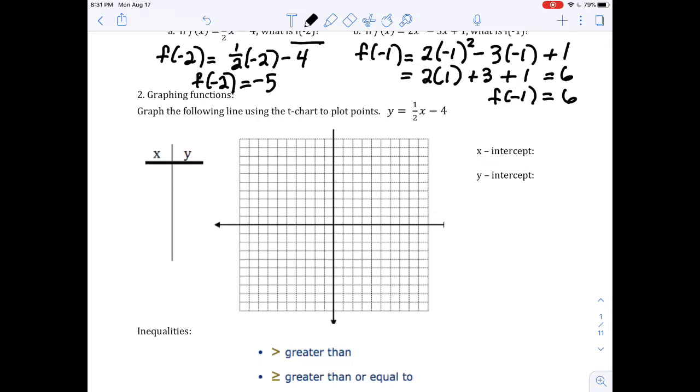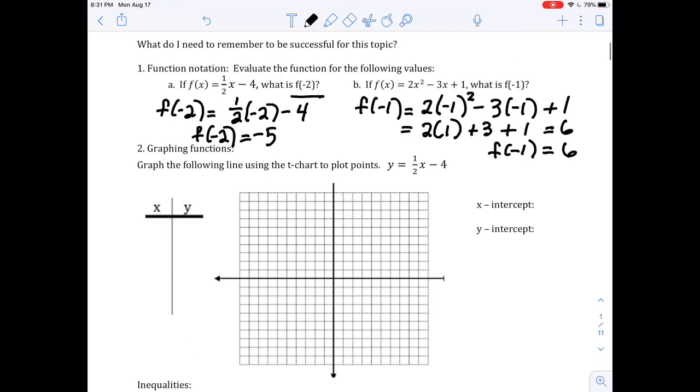Those inputs and outputs translate into points that are on the function or the equation. In number 2, we have it written as y equals 1/2 x minus 4. And up in 1a, it was f of x equals 1/2 x minus 4.